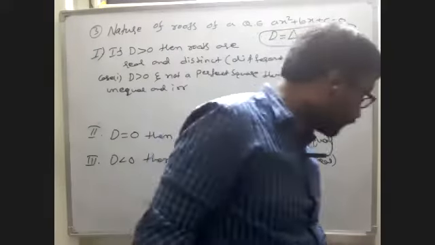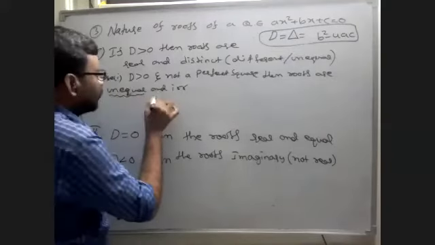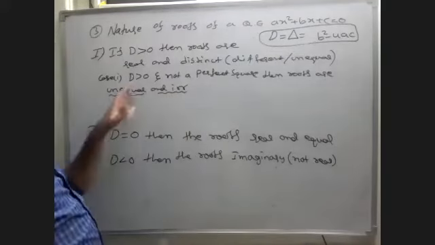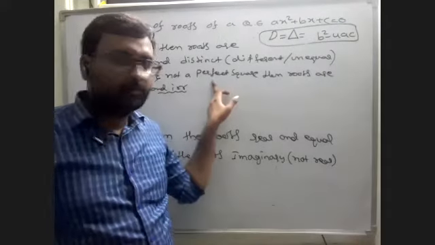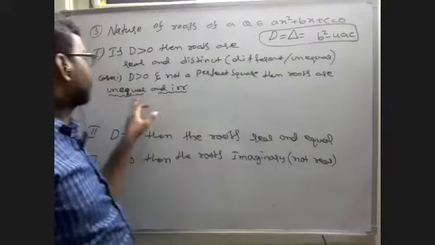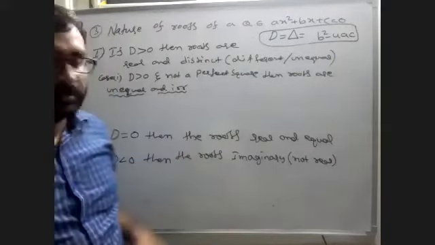This is very important. If delta greater than 0 and not a perfect square, then roots are unequal and irrational. That is case 1.